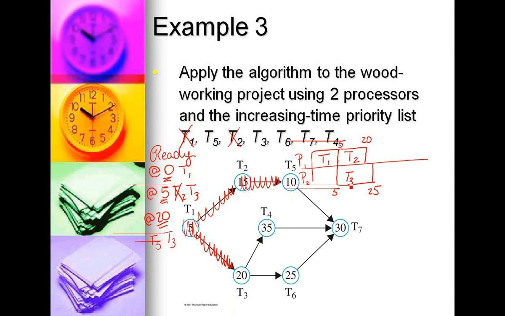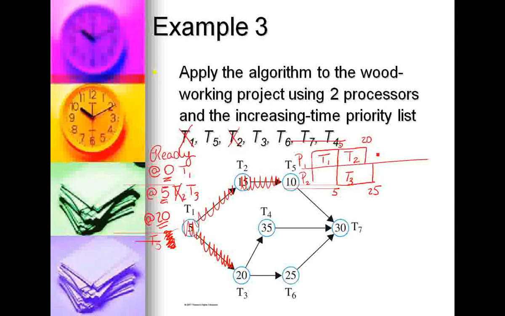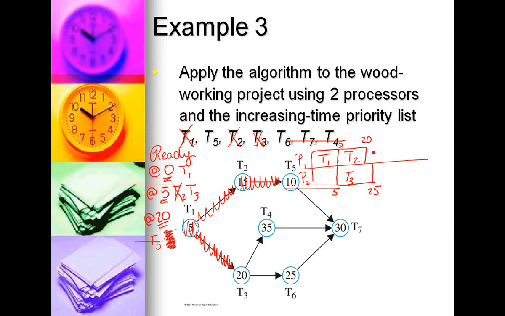But I want to point out T3 has already been scheduled, so we don't need that T3. So the only one that's ready is T5. Since we don't have a choice, we'll just go ahead and schedule T5 regardless of where it is in the priority list. T5 has a length of 10 minutes, so that takes us from 20 to 30.